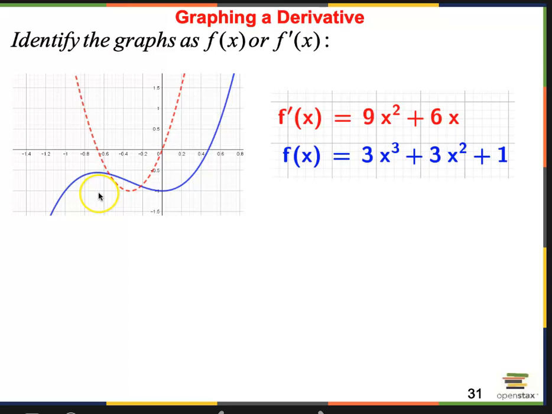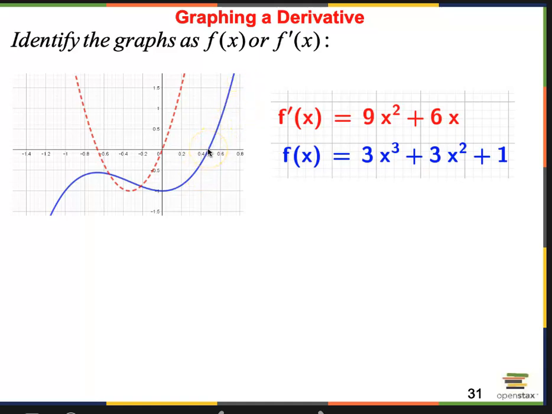So you can look at here, and we're going to look at what can we tell from these functions, or what do they let us know? Well, notice what's going on with our original function. As you can see, it's coming up, and then it kind of goes down and back up again.